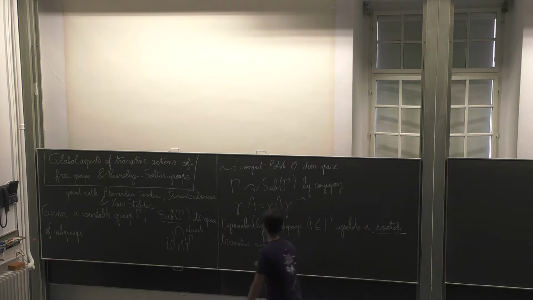So what is a rooted transitive action? It's an action on a set X, where x0 is some fixed element of X, which I will call the root.